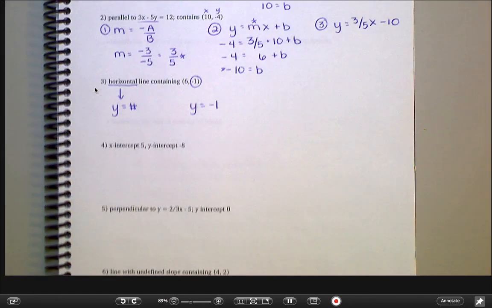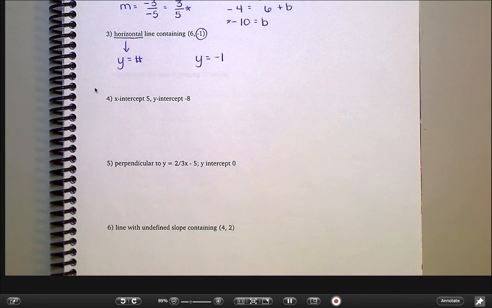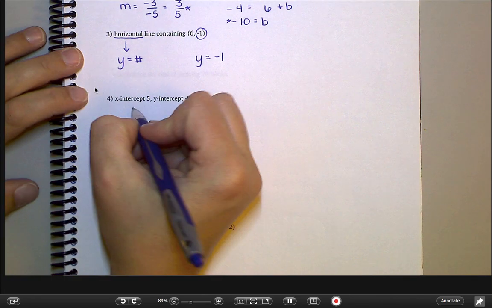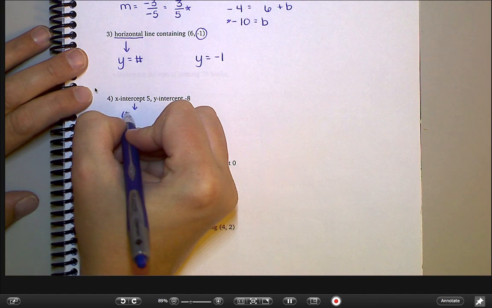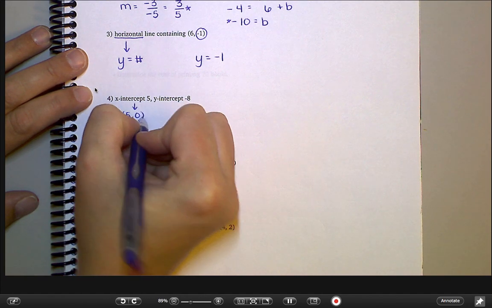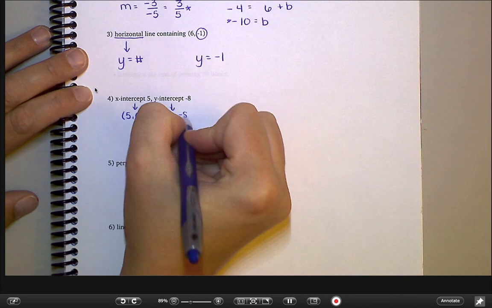Okay, so looking at example 4, this one's not as obvious for how you find slope. If you think back to our list of all the different ways we could find slope, it doesn't fit any of those molds until you think about the fact that these intercepts can really be written as coordinates. So this is really the point (5, 0), and this is really the coordinate (0, negative 8).